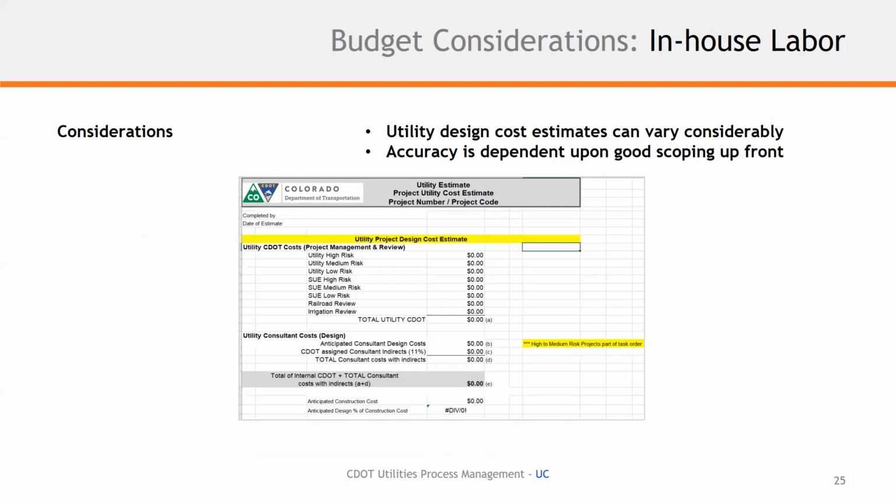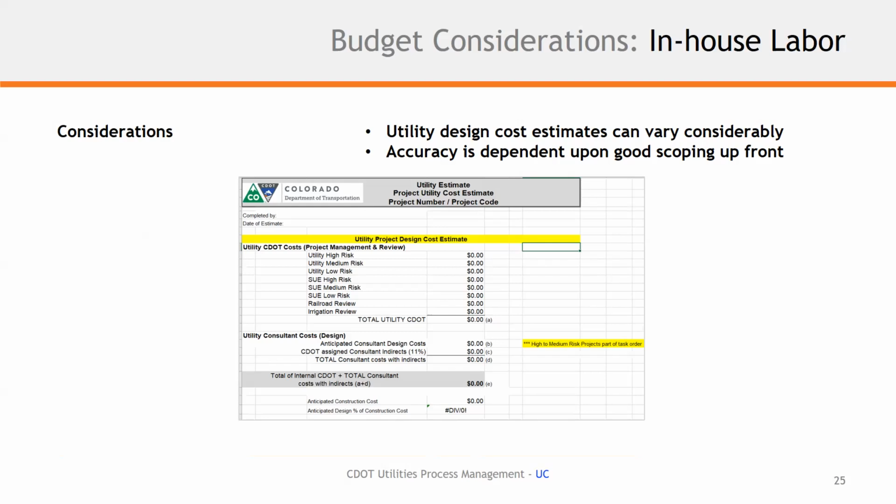And again, a lot of times this will come from the utility coordination team, working side by side with the project managers and the resident engineering staff on development, so that the information is shared between the groups, and everybody has a pretty good high level, like you said, of the round numbers moving forward with the project.